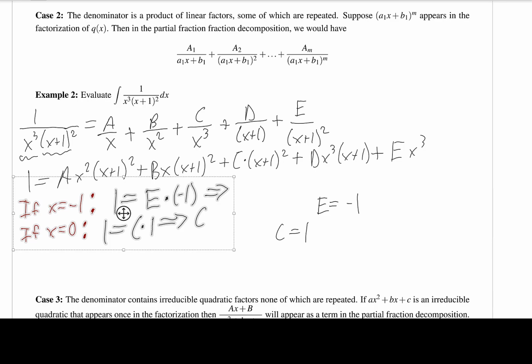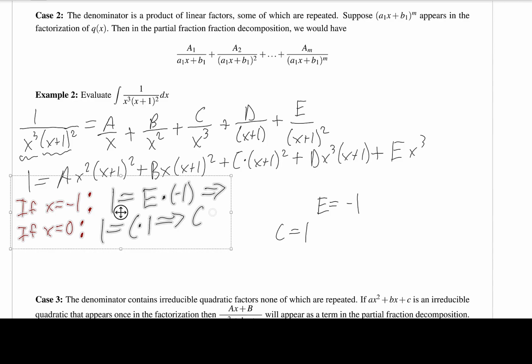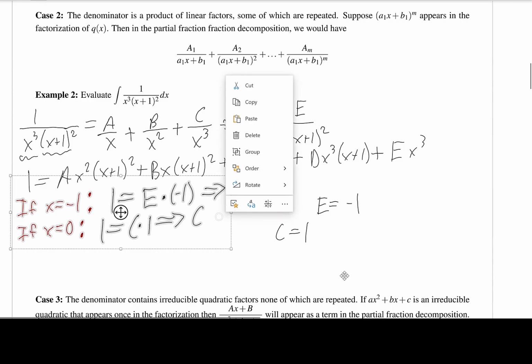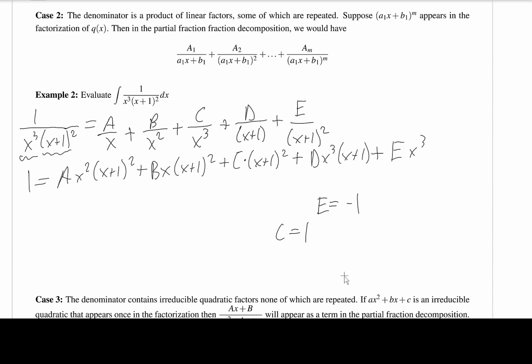Sorry about that. Okay, so we've got C equals 1 and E equals -1. So keep that in mind down here: C equals 1, E equals -1.